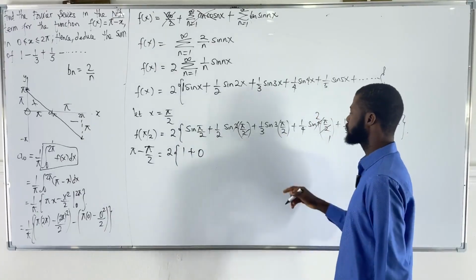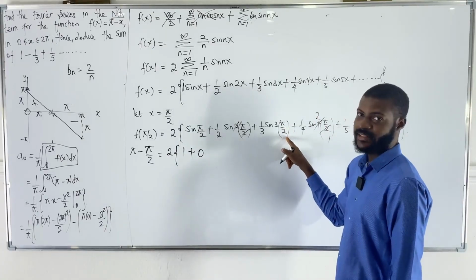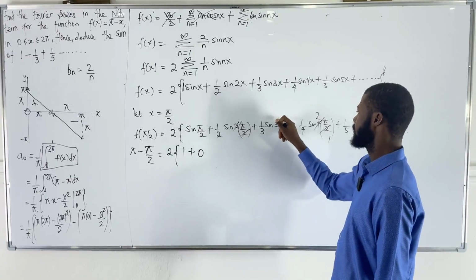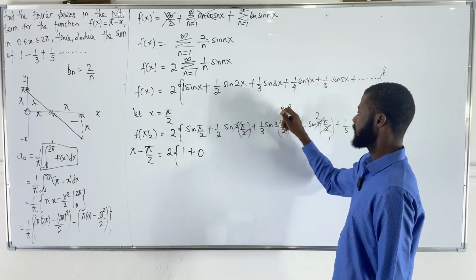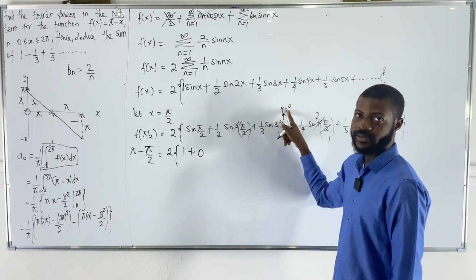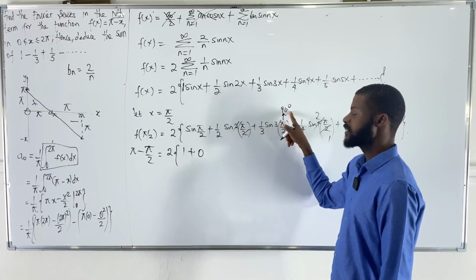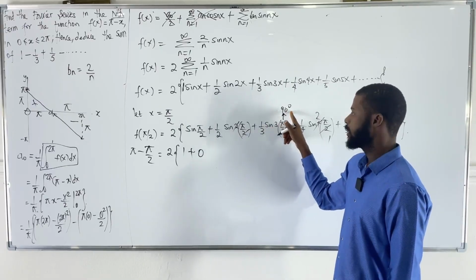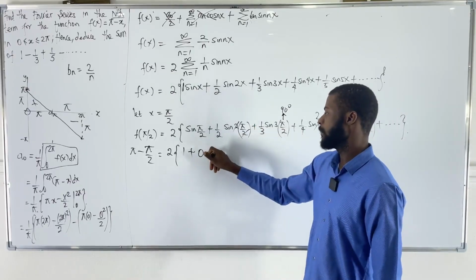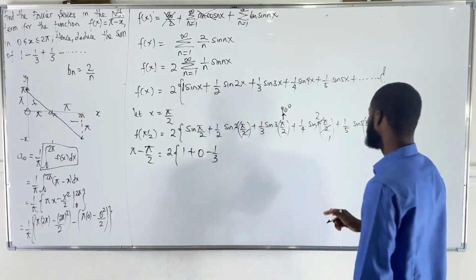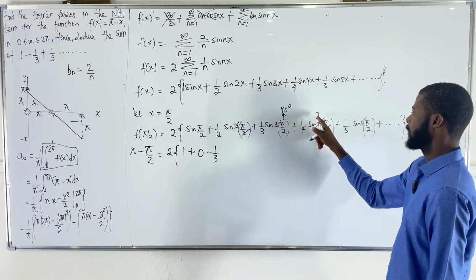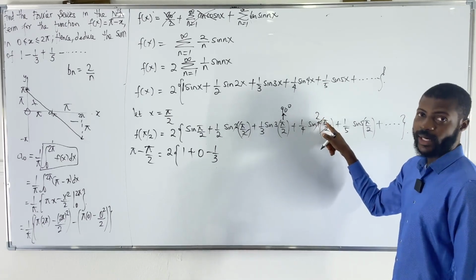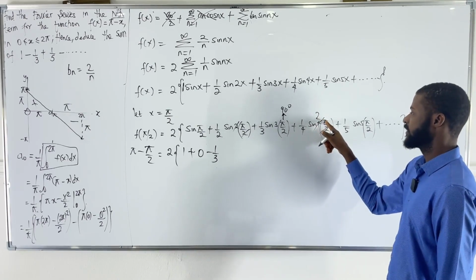Let's come here. Now pi over 2 is 90, right? So if this is 90, 3 times 90 is 270. What is sine 270? Sine 270 is minus 1. Minus 1 times this will give me minus 1 over 3. And let's come here. This is 2 pi. You know that pi is 180, so 2 times 180 is 360.